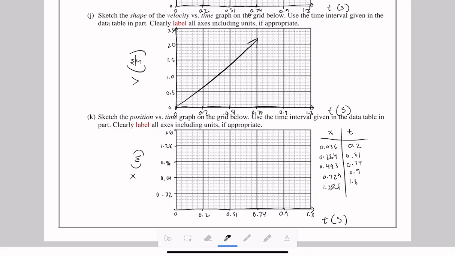So at time 0.2, it's at 0.036. So super low, somewhere down here. Time 0.51, that's 0.234. So still below this, maybe here. 0.493, maybe like here, a little closer to the bottom. Actually, and then 0.729, oh, that's a 7. 0.729.